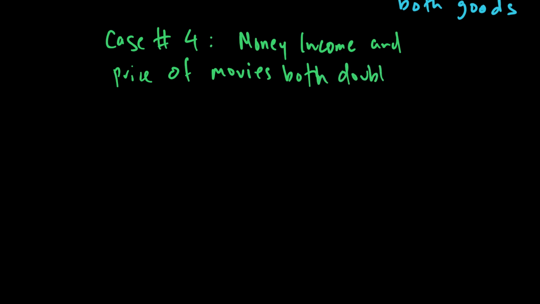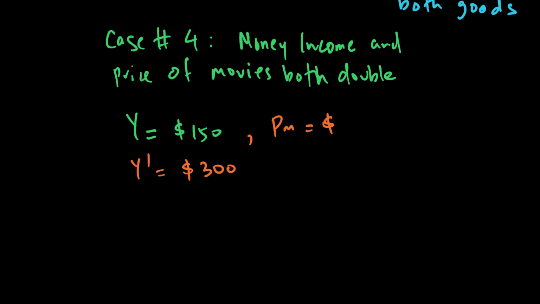So now, for example, income goes from 150 to Y dash of 300, but at the same time the price of movies goes from $10 previously to PM dash of $20.